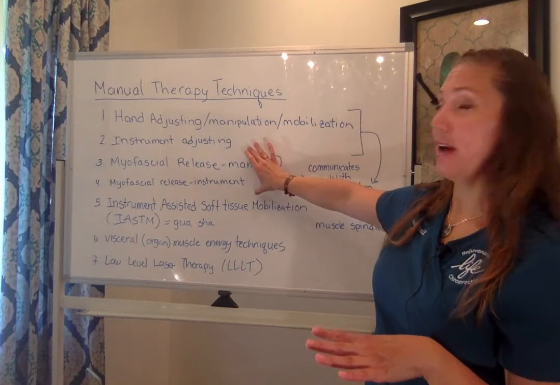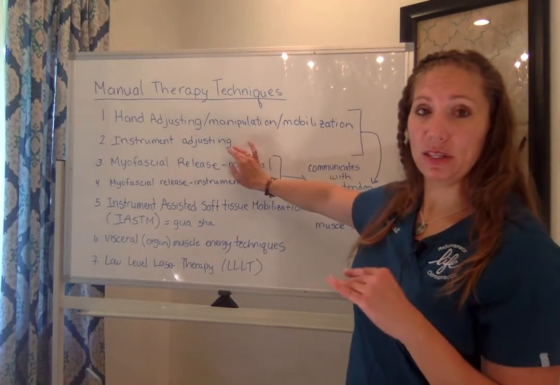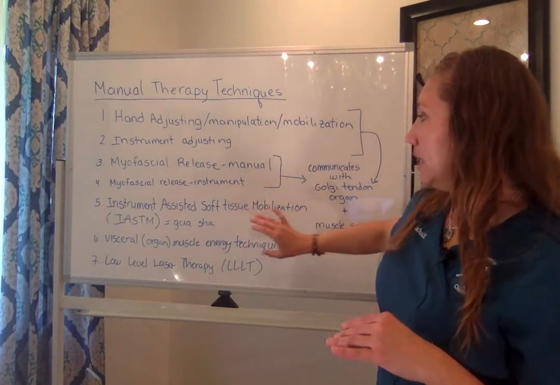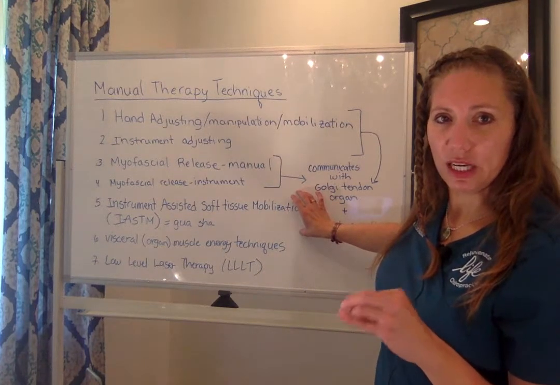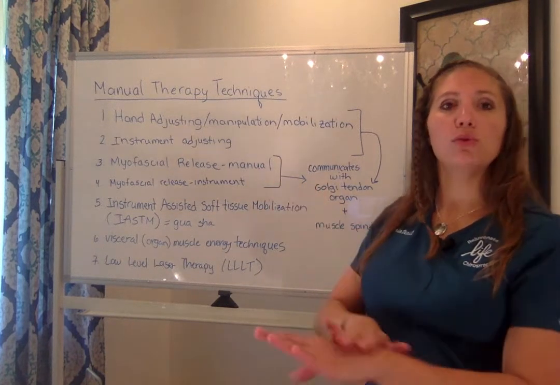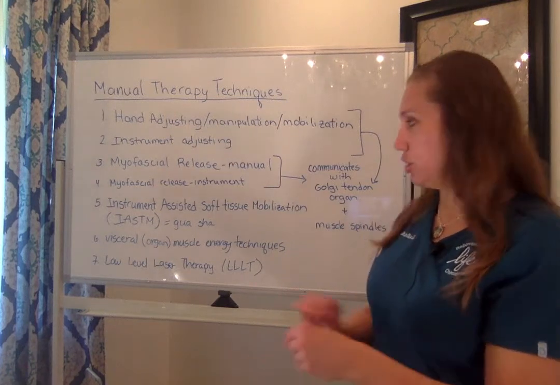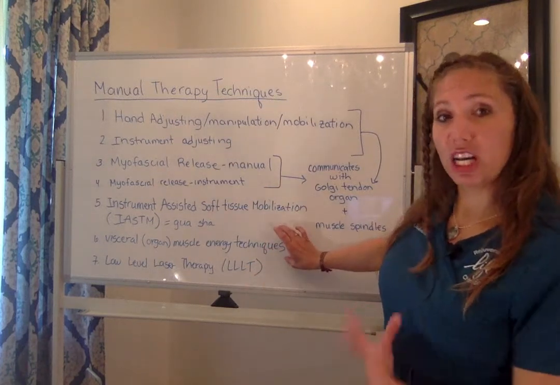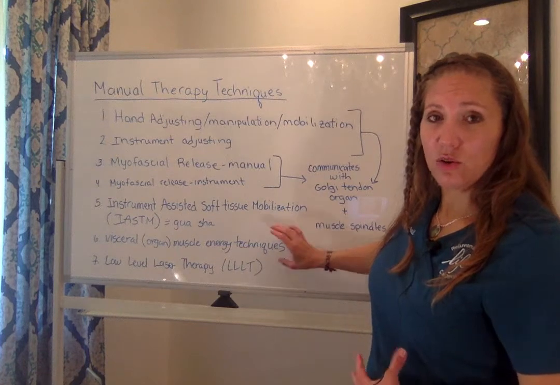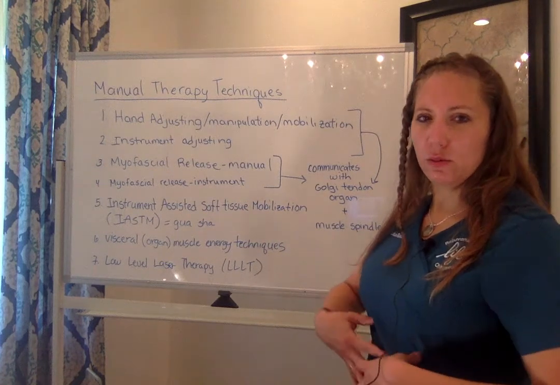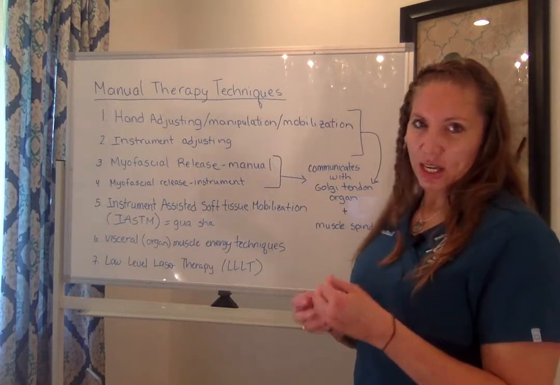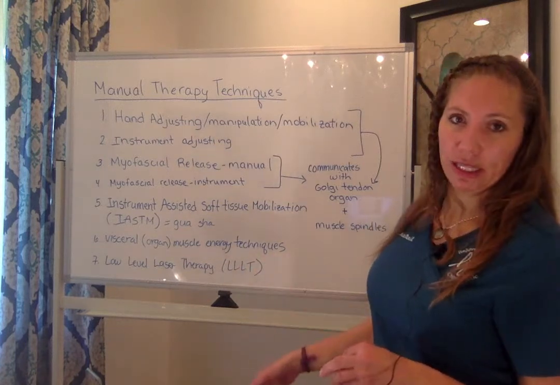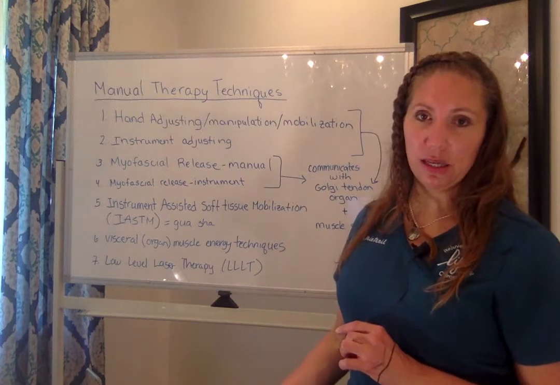I work with myofascial release, either with an instrument or with my hands. I will do something called instrument-assisted soft tissue mobilization, which uses a tool to help break up scar tissue. I use organ techniques, so different breathing techniques, as well as muscle energy. And then I use a low-level laser therapy in my office.